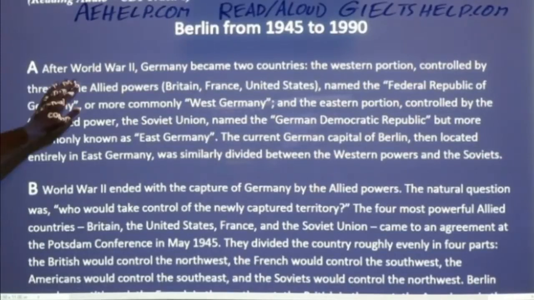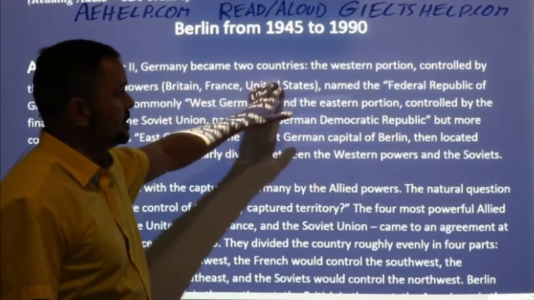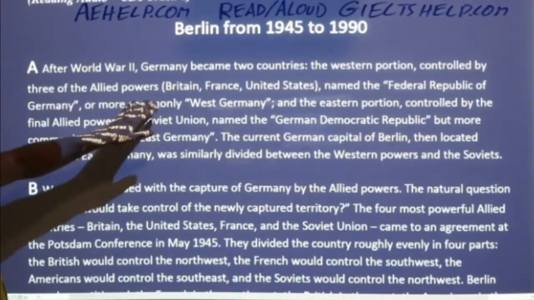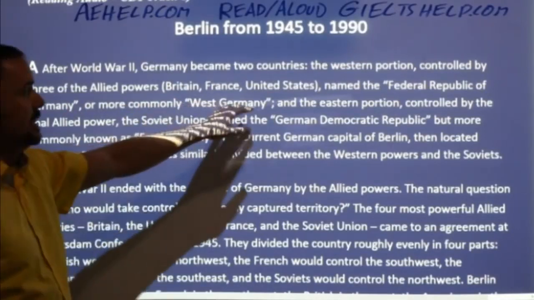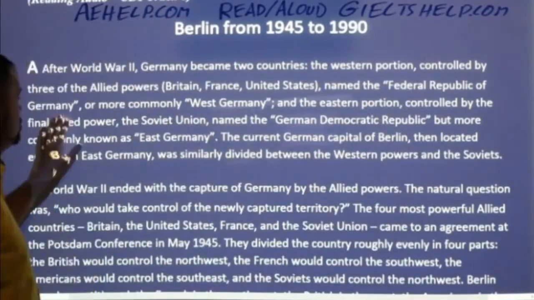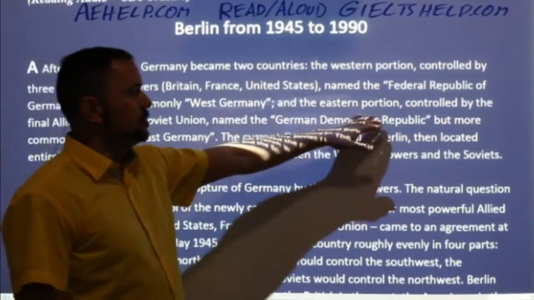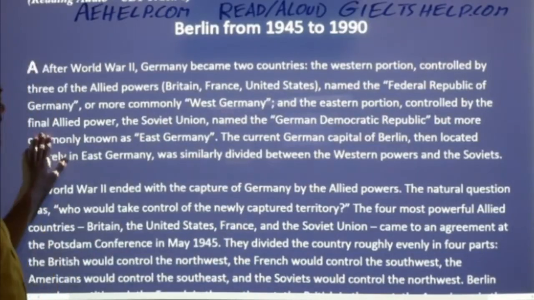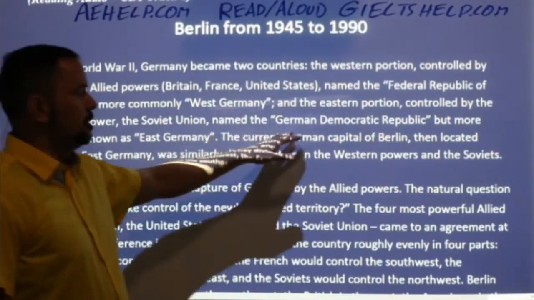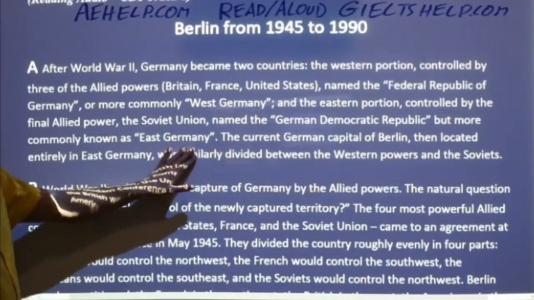So read with me. After World War II, Germany became two countries. The western portion, controlled by 3 of the Allied powers, Britain, France, United States, named the Federal Republic of Germany, or more commonly, West Germany, and the eastern portion, controlled by the final Allied power, the Soviet Union, named the German Democratic Republic, but more commonly known as East Germany.